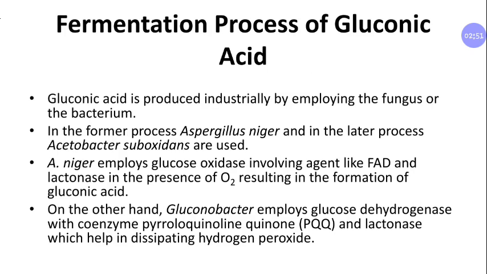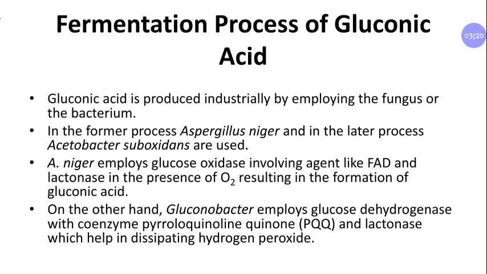Fermentation process of gluconic acid. For industrial production, the fungus and the bacterium are employed. In the former process, Aspergillus niger, and in the latter process, Acetobacter suboxidans are used. A. niger employs glucose oxidase involving an agent like FAD and lactonase in the presence of oxygen, resulting in the formation of gluconic acid.